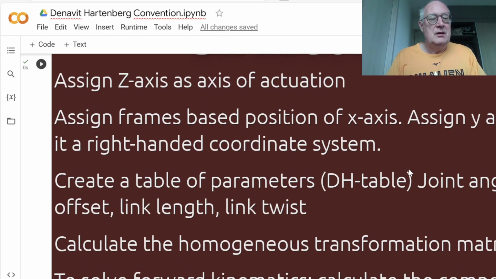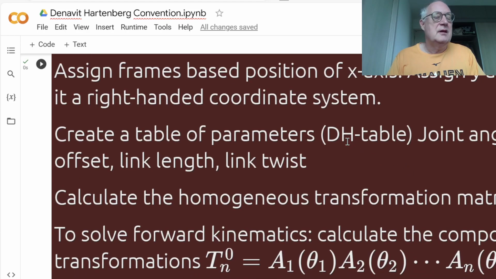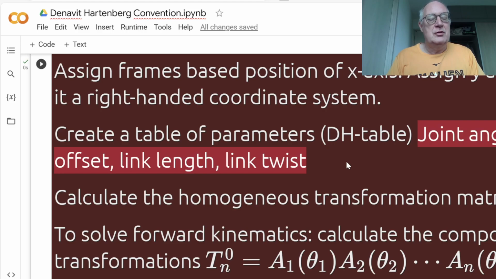Then you can create a table called the Denavit-Hartenberg table, which just includes those 4 numbers: the joint angle theta, the link offset d, the link length a, and the link twist alpha.